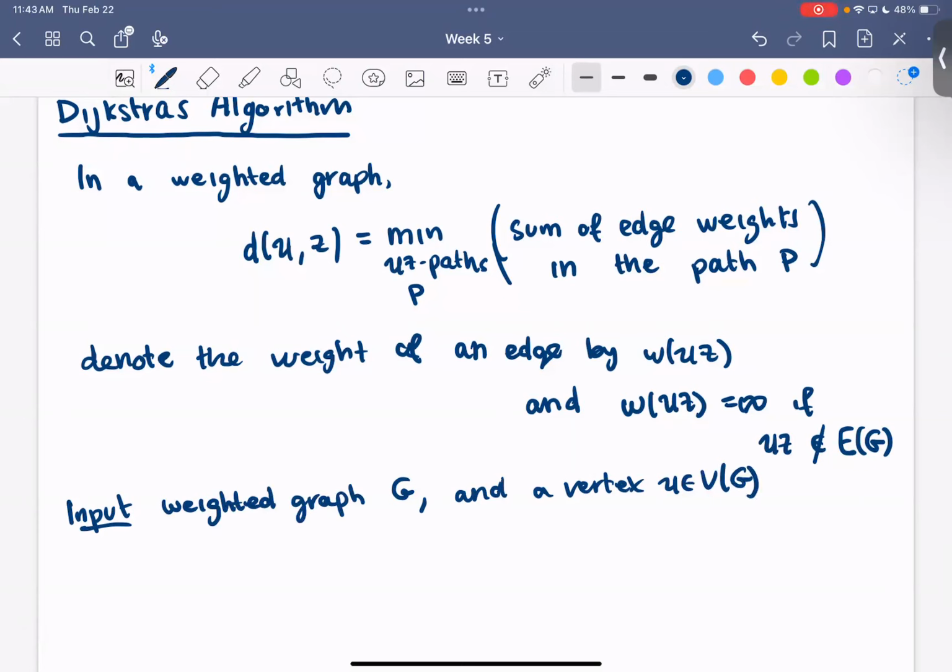And then the output is going to be the distances from U to Z for all Z in the graph. And furthermore, it finds those distances in increasing order. So the first distance that we'll find is the closest one, and then we'll just go up from there.